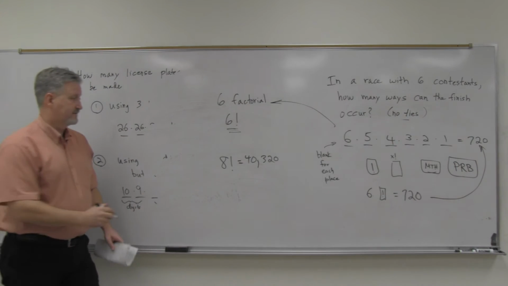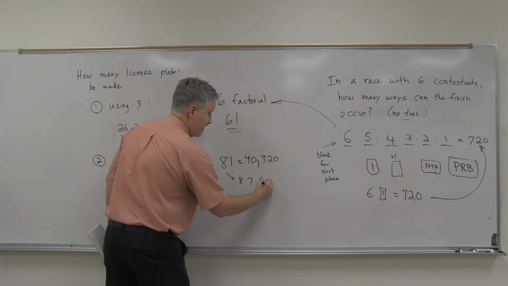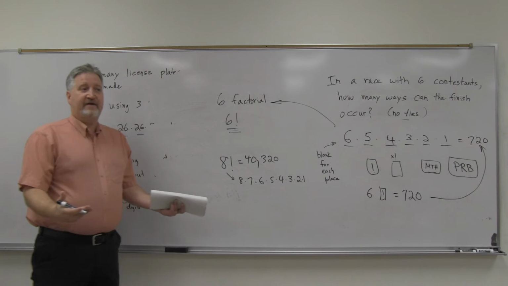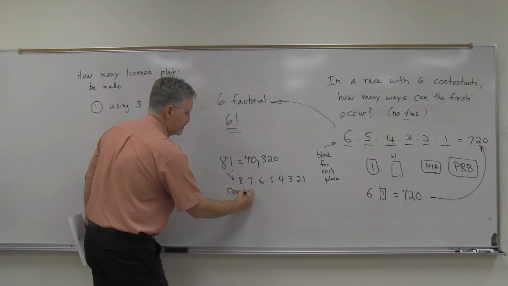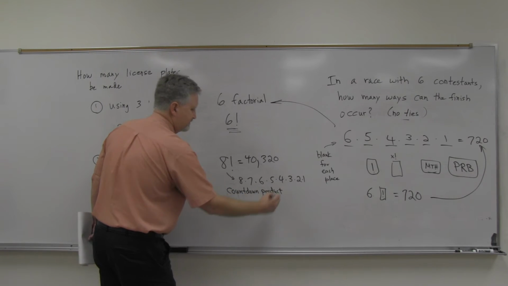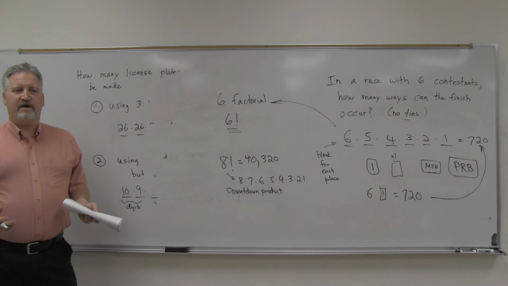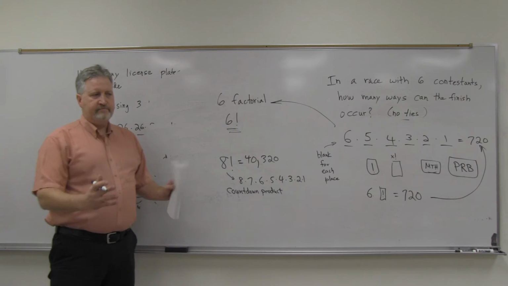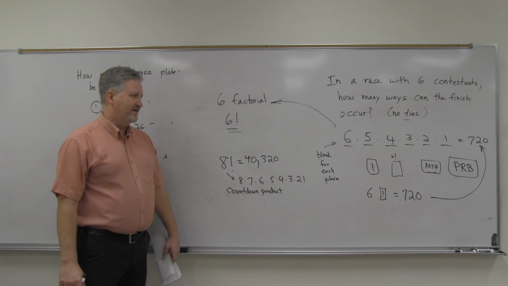What product? 8 times 7, 6, 5, 4, 3, 2, 1. I sometimes call it the countdown product. Or count up too, I guess, but look at it the other way. But yeah, it's just a shorthand way of doing a product like that. So you could do it both ways, but be aware that it could be called 8 factorial.